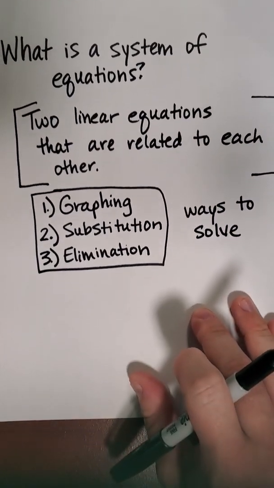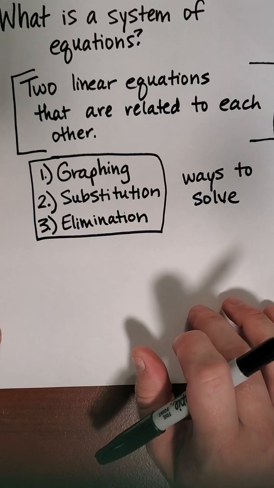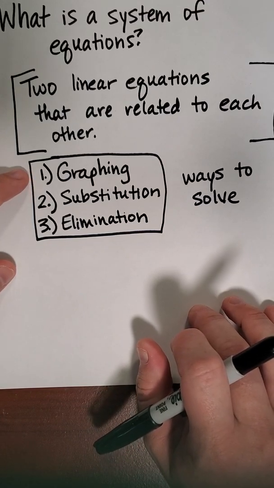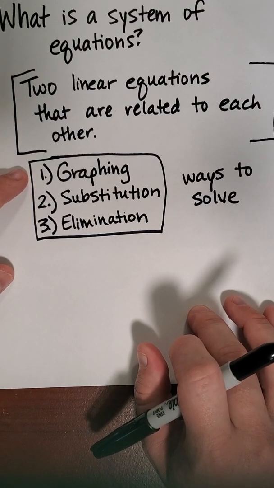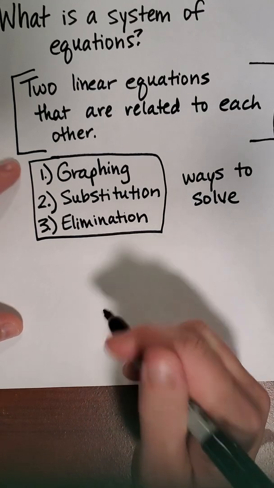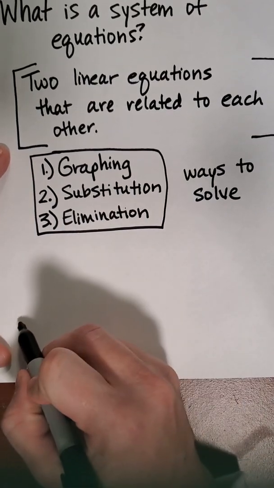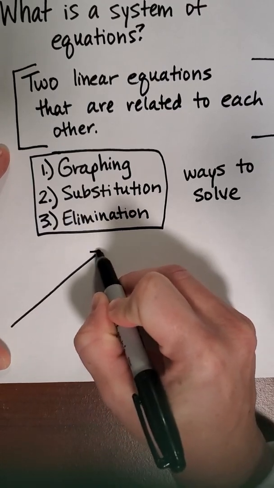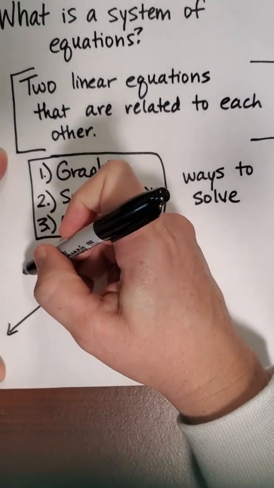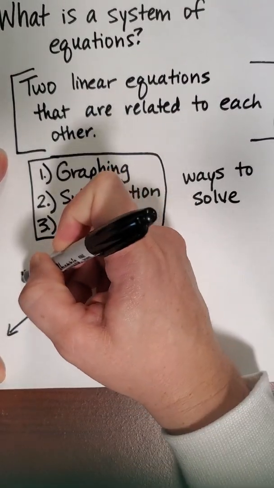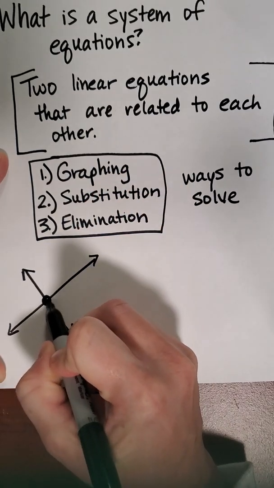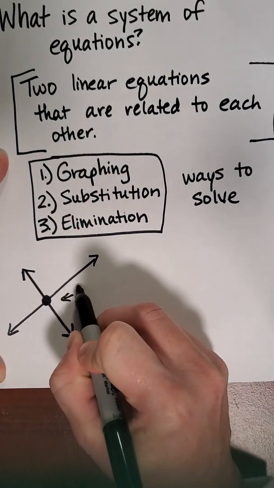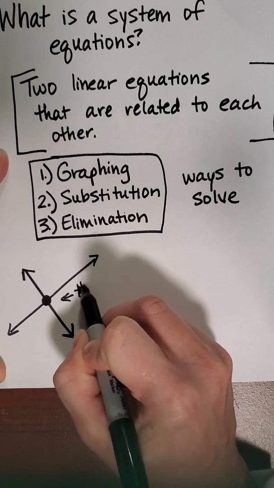So your first step that you're going to be doing is graphing. Graphing is the most visual and probably what you're used to the most. So a system of equations is where you have two lines that would be intersecting at a certain point, and this point is the solution point.